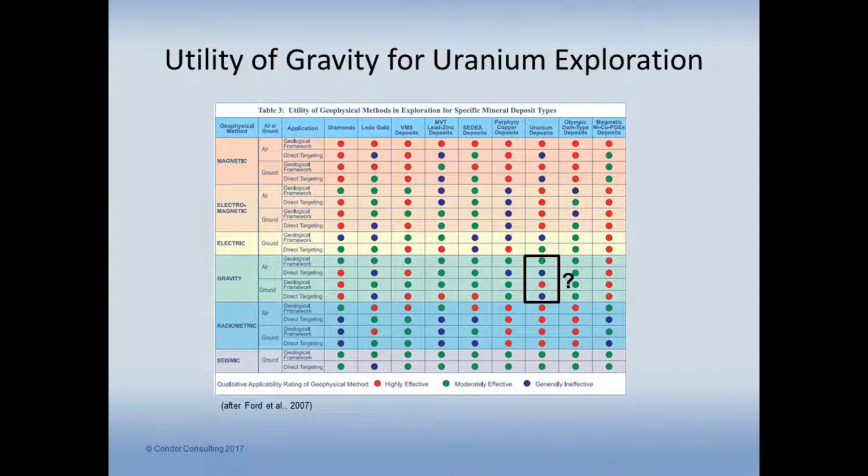That's one thing we can use gravity for in the basin, these intimately associated alteration features. So in this chart, we're saying that generally gravity is ineffective for direct targeting. Well, I think there's a bit of gray area there. I think we can argue that both high-resolution airborne surveys and ground data could be used to find alteration associated with uranium mineralization, and that alteration could be fairly intimately tied to the mineralization.